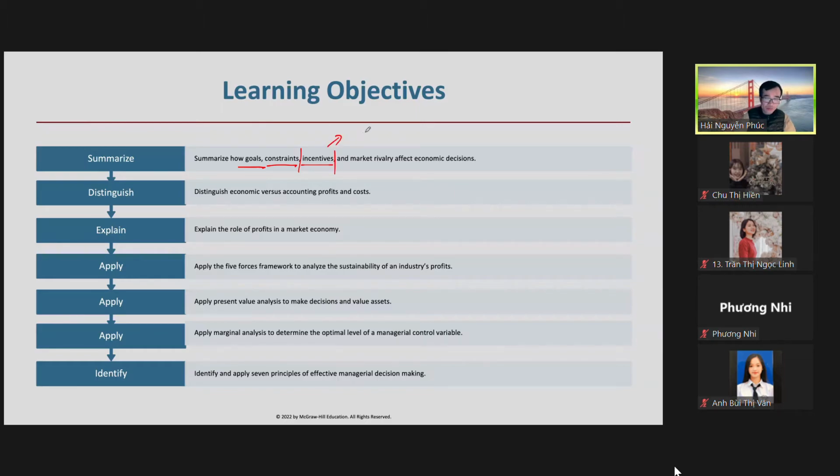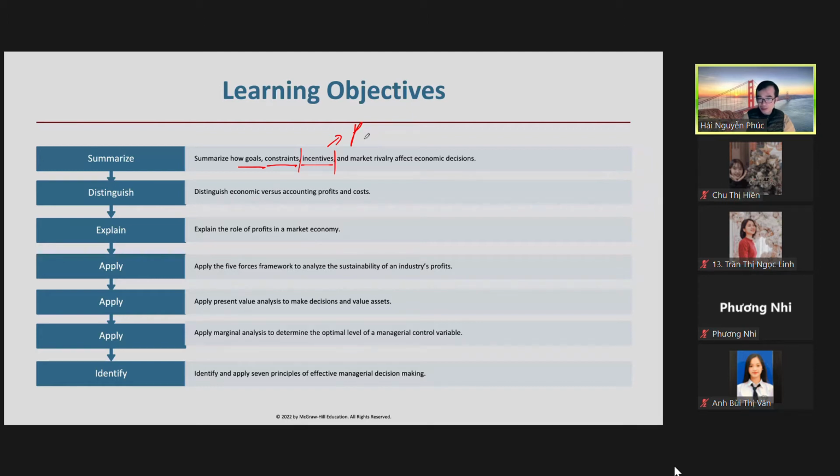In the course of microeconomics, I hope that you have already known the principle that people respond to incentive. Do you know it? The principle that people respond to incentive. No? I say there is a principle of economics.